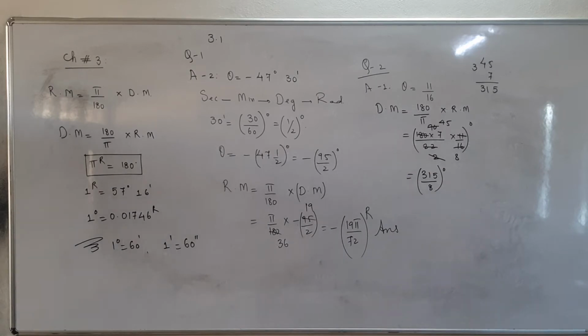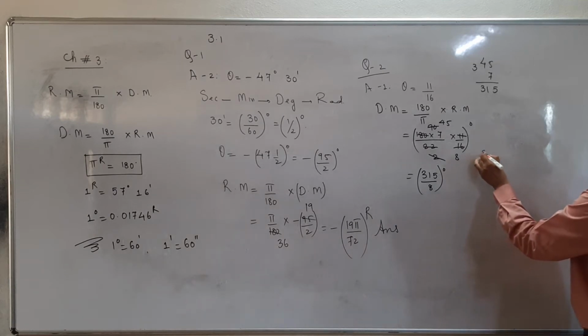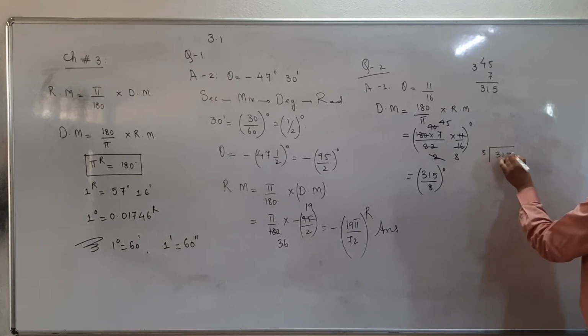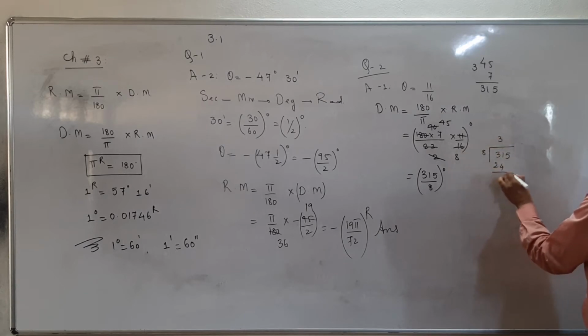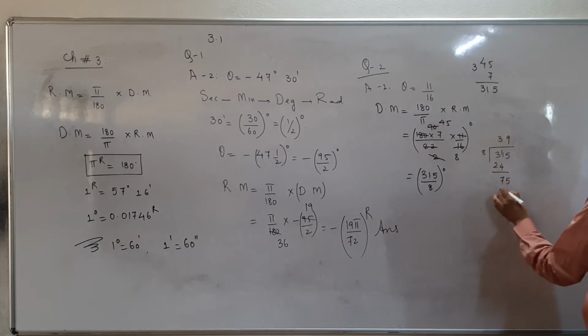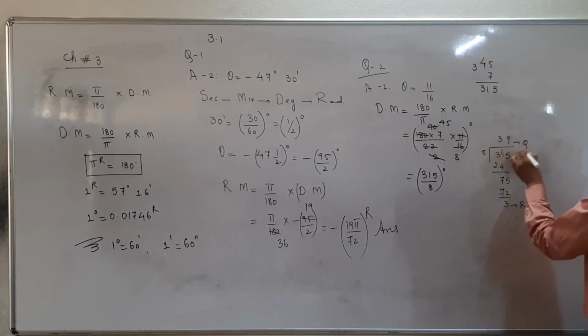Now, students, from radian we have converted to degree. Now, degree to minutes and minutes to second. Go by simple division. Divide 315 by 8. 8 3s are 24, 31 minus 24 is 7, 75, 8 9s are 72, so remainder 3, quotient is 39.